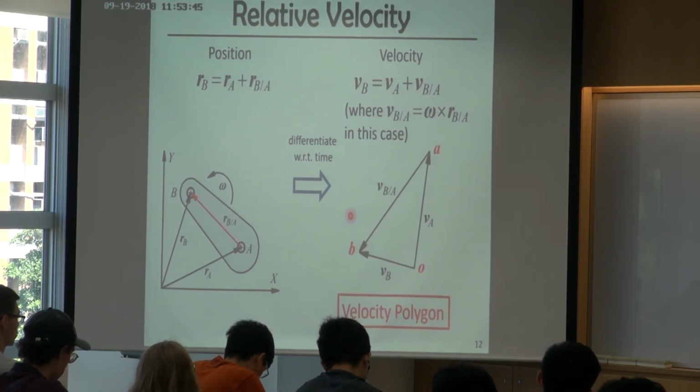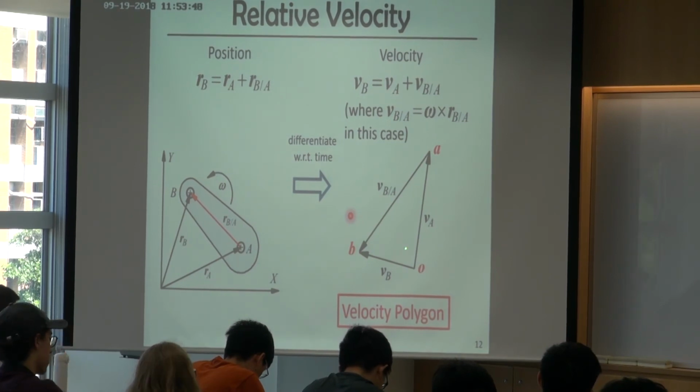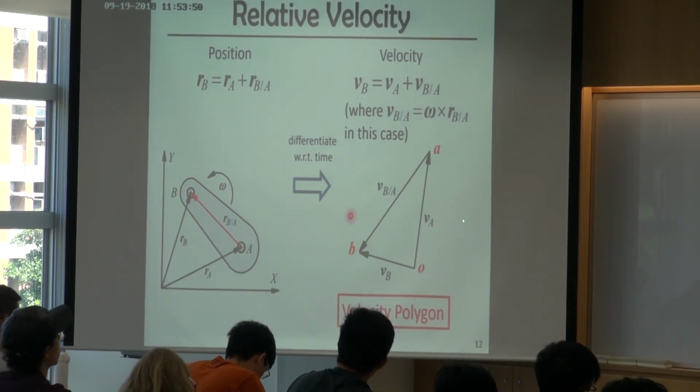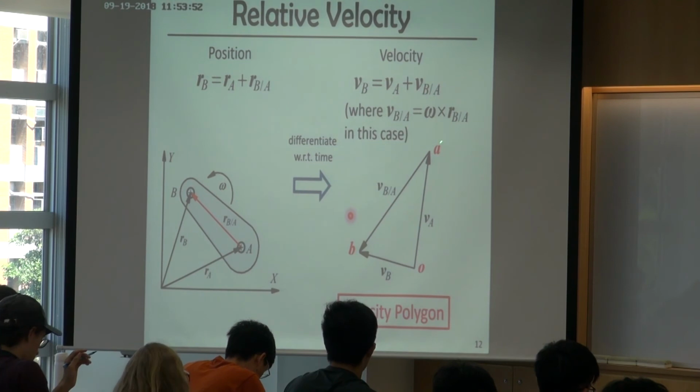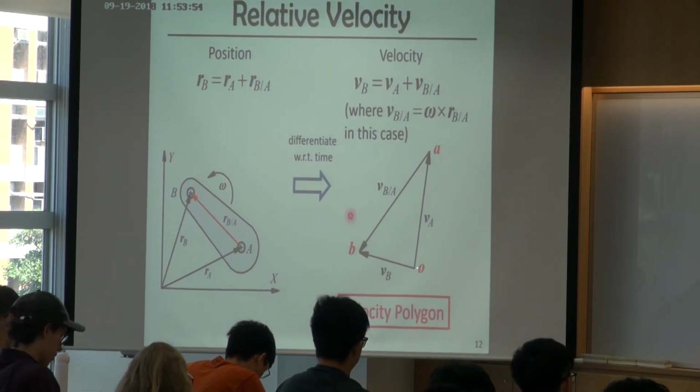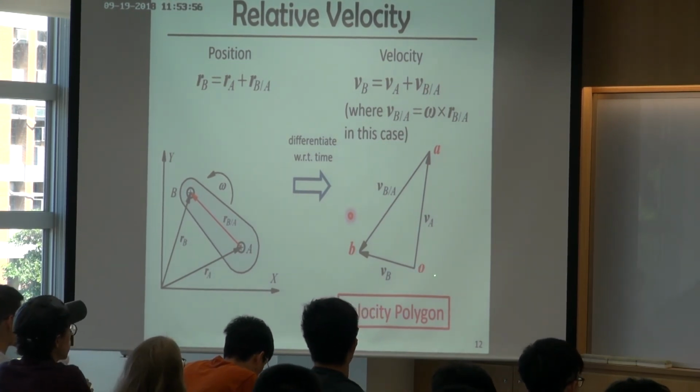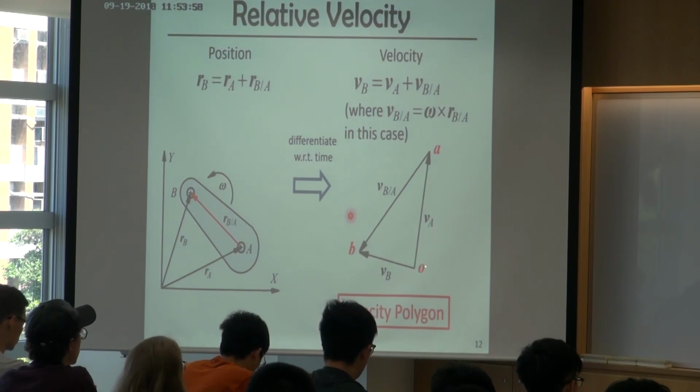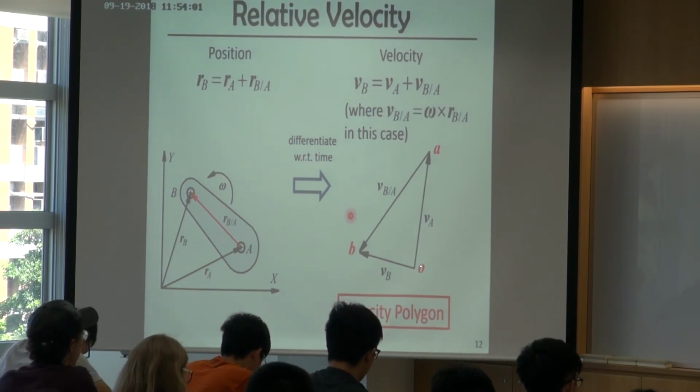And usually we just put a few labels here. Because VA is pointing from the origin to A, we put an O, that means origin, at the origin of the arrow.